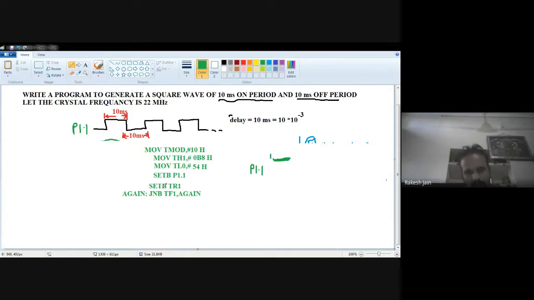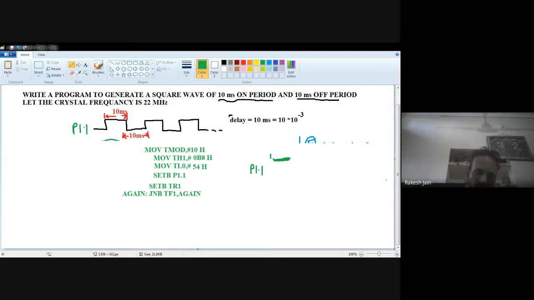SETB TR1 means timer register 1 will start to count from 00 up to the maximum value. The time period required for timer register 1 to count from 00 up to the maximum value should be equal to the particular delay we actually want. We want a 10 millisecond period, that's why we already uploaded the value B854 in the timer register.